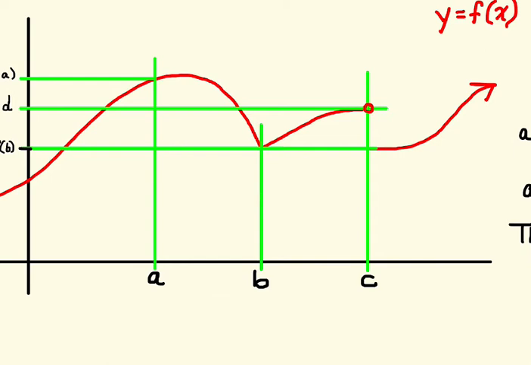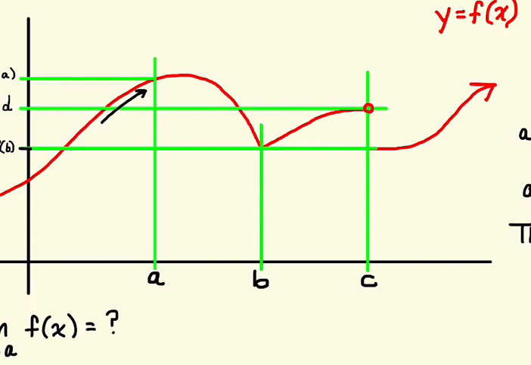Okay? So the first one here is what is the limit as x approaches a of f of x? There's the question. So we have to look at the left-hand limit. As x approaches a from the left, our function is growing to a height of f of a.